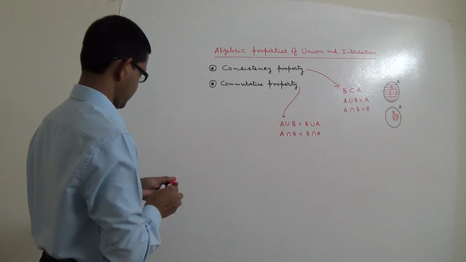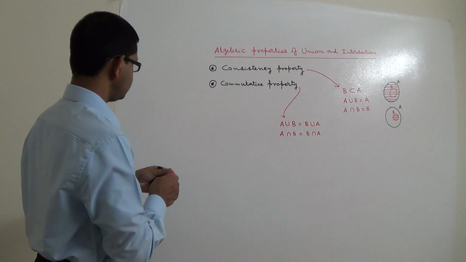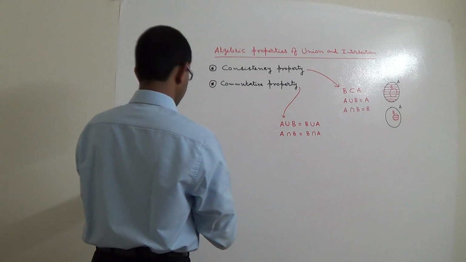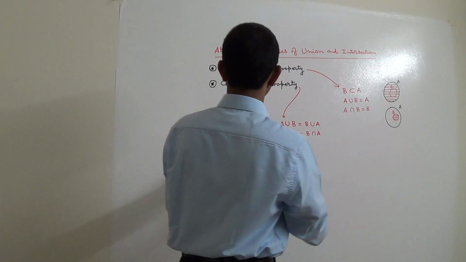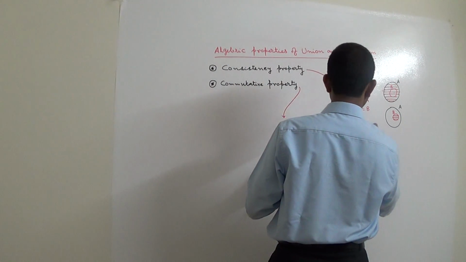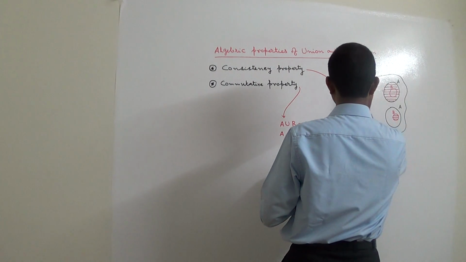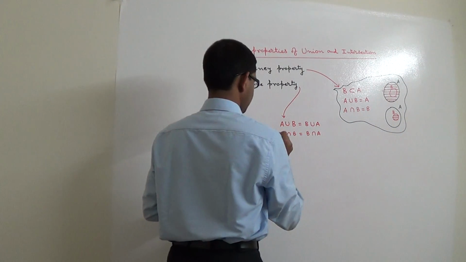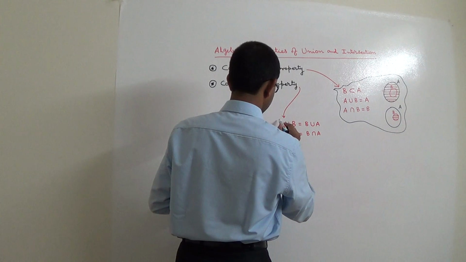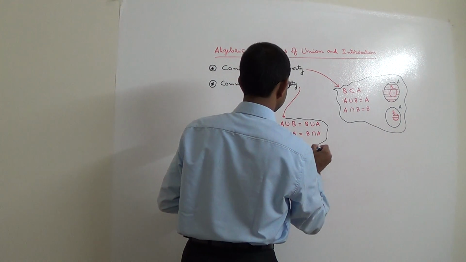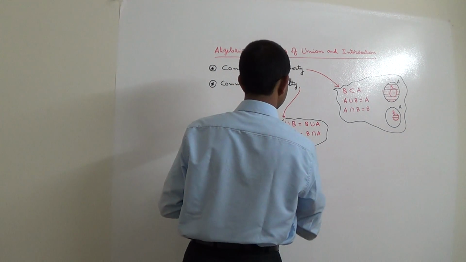Okay. So here we have discussed the consistency property and the commutative property.